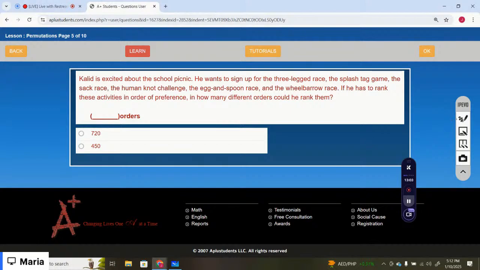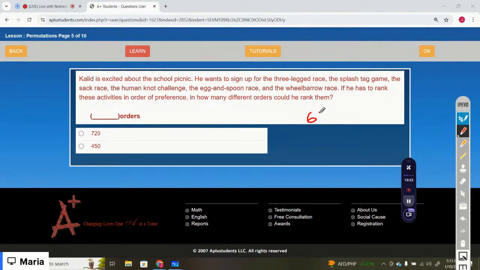The total activities are 1, 2, 3, 4, 5, 6. So you have to evaluate 6 factorial, right?